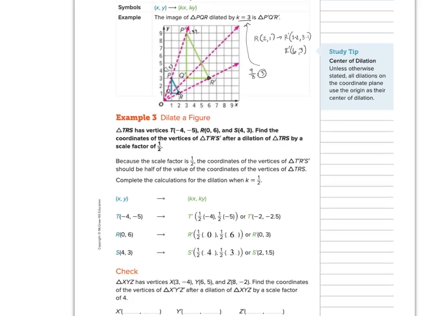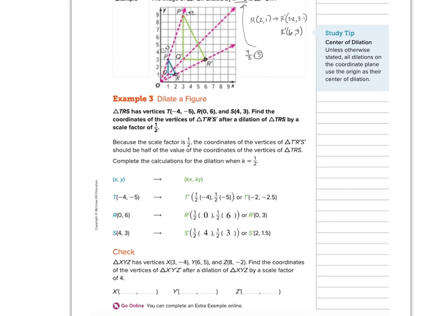Okay. So in this figure, it says dilating the figure. They've given us the vertices of a triangle, and it says find the coordinates of the vertices after the dilation by a scale factor of 1/2. That means we are going to take every one of the x and y values and multiply it by 0.5, or 1/2, to get my new values. So that's what they did.